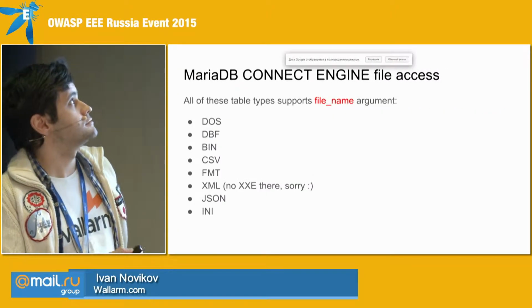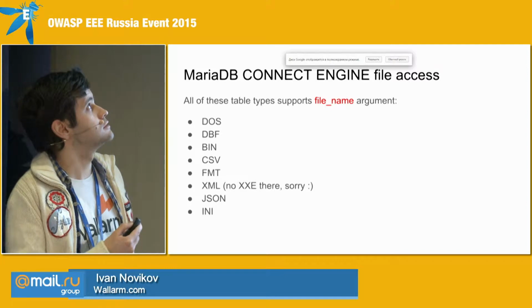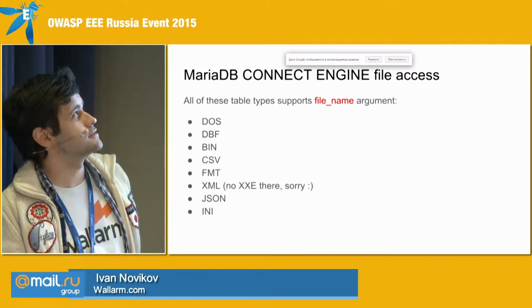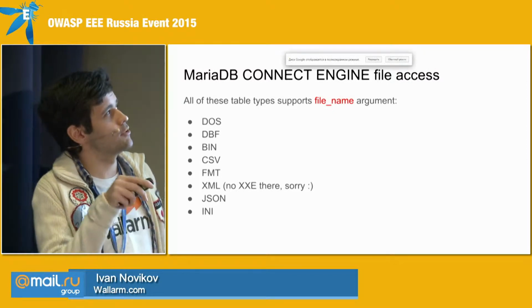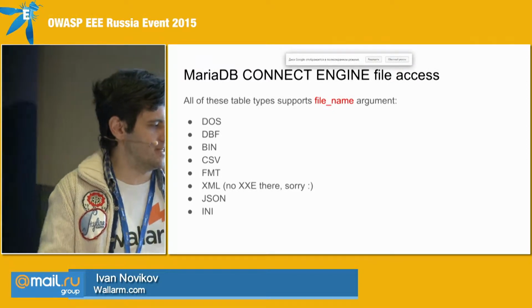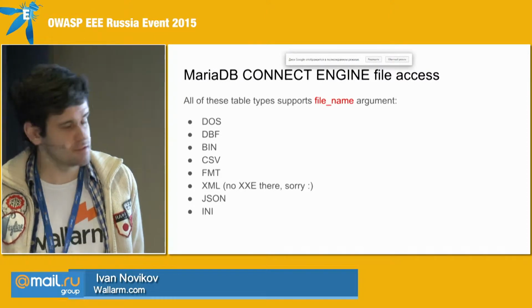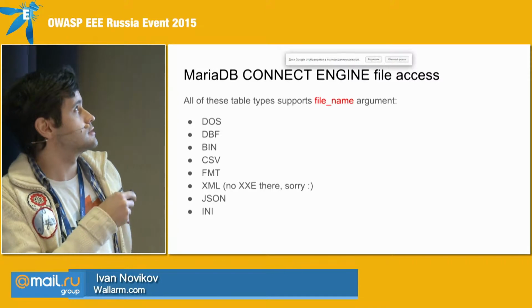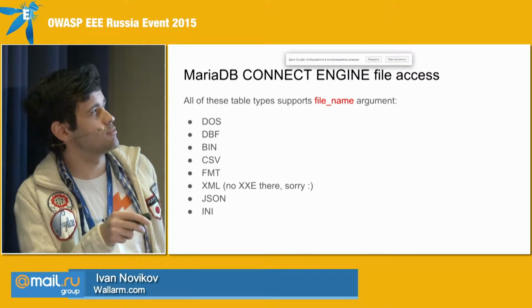MariaDB also provides other table types which support an argument called file name, and you can link local files as tables with the Connect storage engine, and all of these table types support file names.